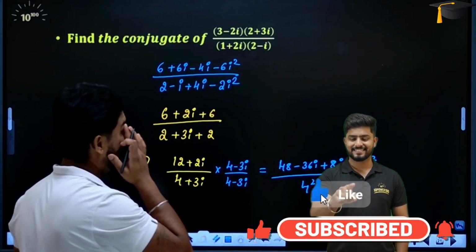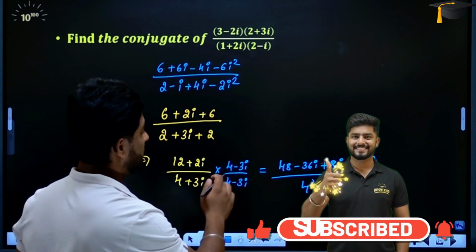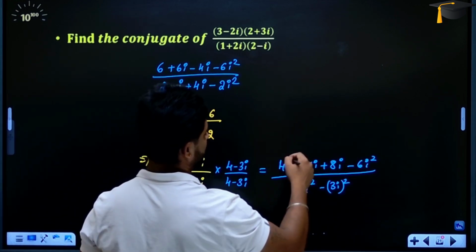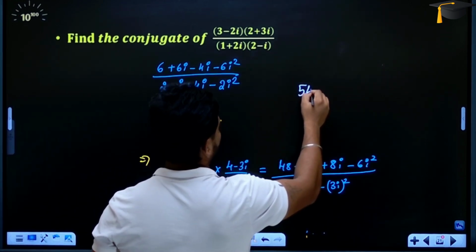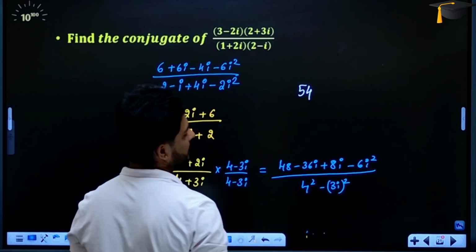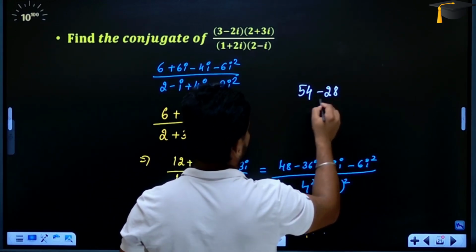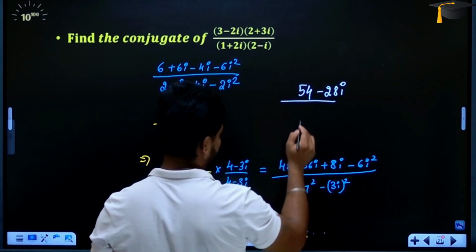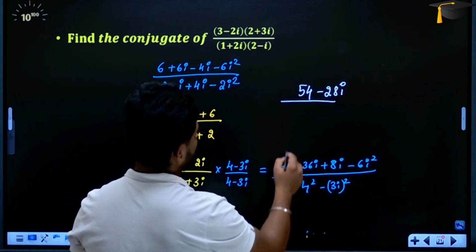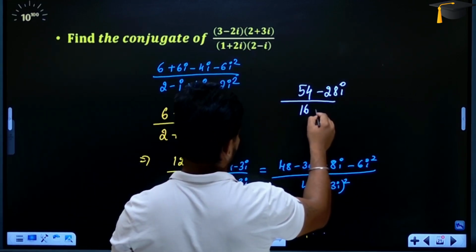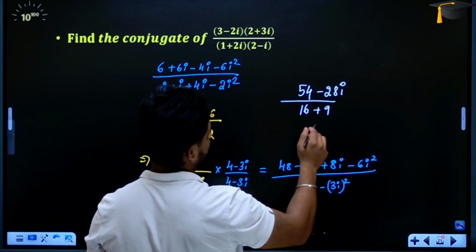So now 48 minus 36 i square, that is minus 1, plus 1, so 54. 36 minus 8 gives minus 28i, whole divided by 4 square, that is 16 plus 9, which is 25.